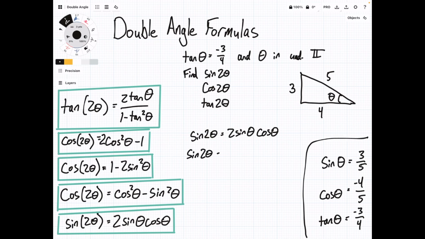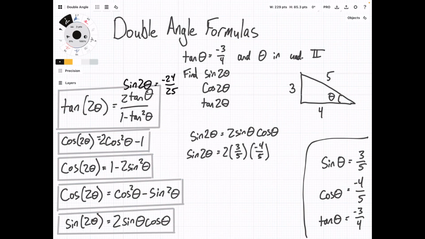So this is going to be 2 times 3 over 5 times negative 4 over 5. Sine of 2 theta is equal to negative 24 over 25. So that's our first answer. Just put this up here.